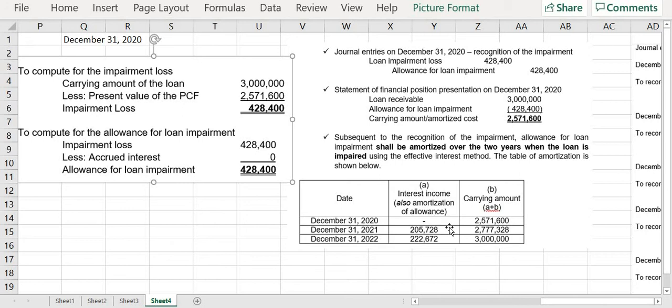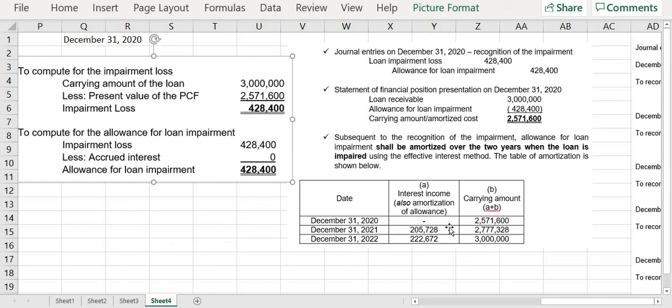That's 205,728. Okay? Ayan. So, of course, the amortization increases the carrying amount of the loan. Dahil wala tayong principal payment or collection, okay, every year.